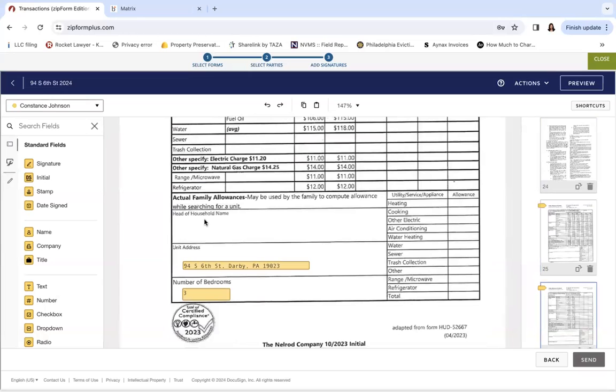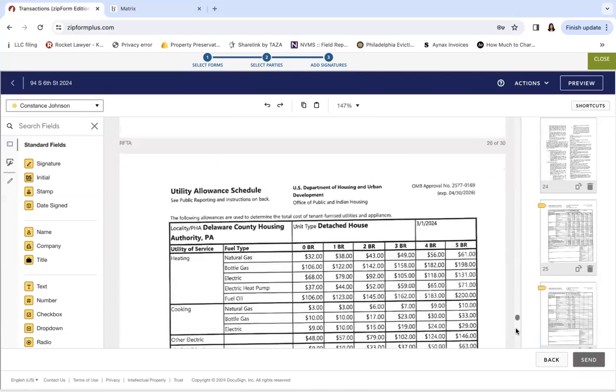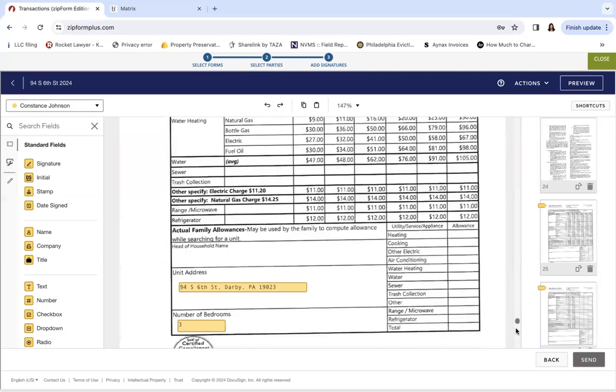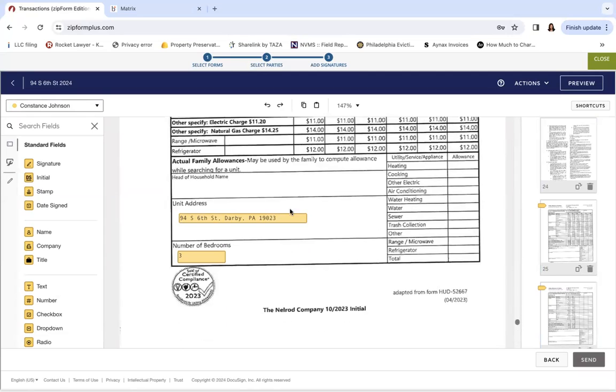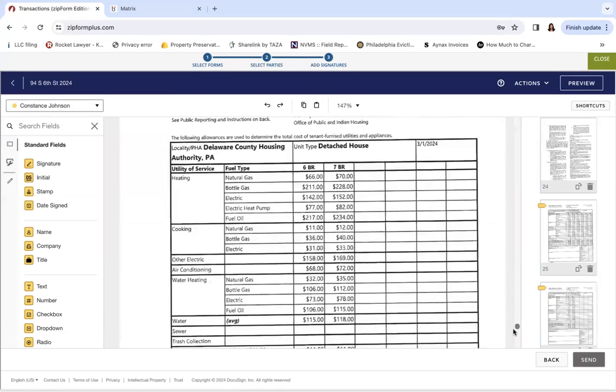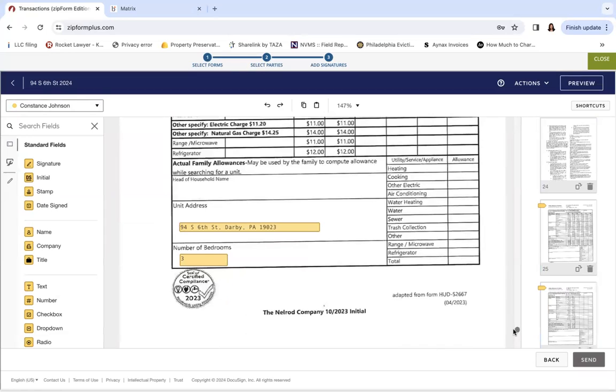Again, the tenant's information here, the unit address that you're renting, and then the number of bedrooms. And you're gonna do it one more time. The tenant's name here, the unit address, and the number of bedrooms. Looks like another time.